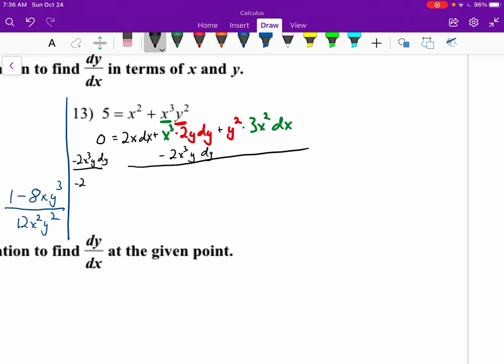Over here we get negative 2x cubed y dy equals, all I have is these two terms left. So I'm going to go ahead and factor out that dx. So we have 2x plus 3x squared y squared dx. And we will divide everything by negative 2.